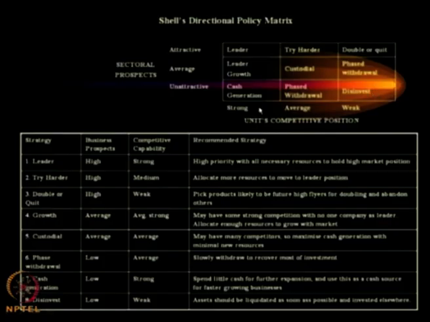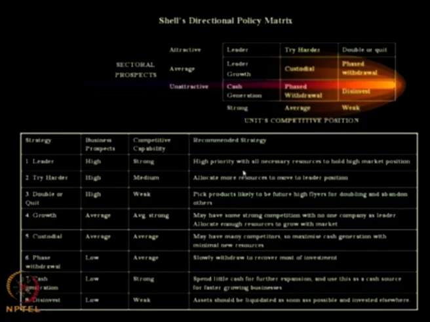A typical situation could be when your unit's competitive position is strong and the sectoral prospects are attractive, then you are the leader. The strategy for the leader is given in the table down below. Suppose you are the leader, your business prospects are very high, your competitive capability is very strong, then what is the recommended strategy?